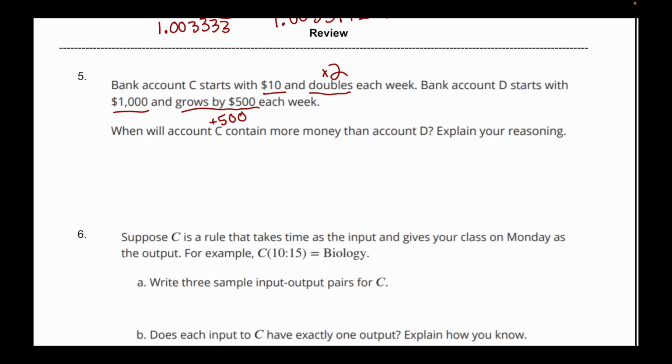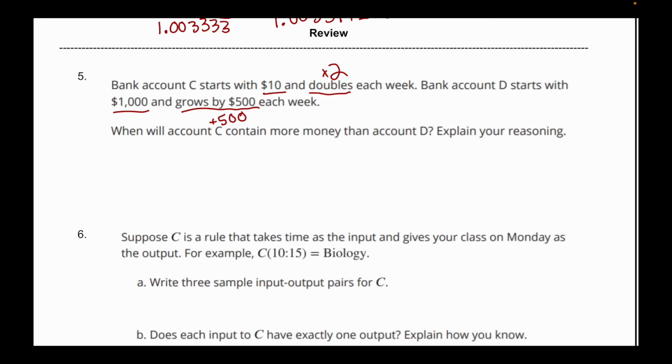So let's just do some guess and check. We know eventually it'll pass it up, because anytime we're multiplying, it's going to pass it up. Now you can't see me plugging these things in my calculator, but I am going to start with my $10 and multiply by 2.